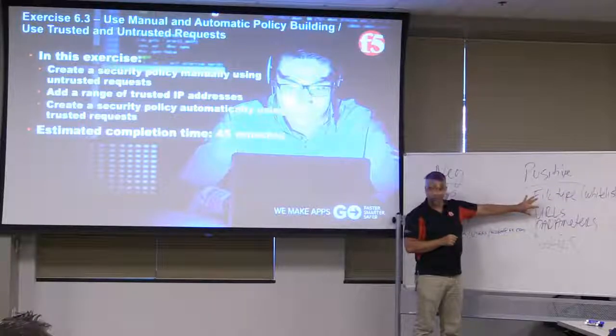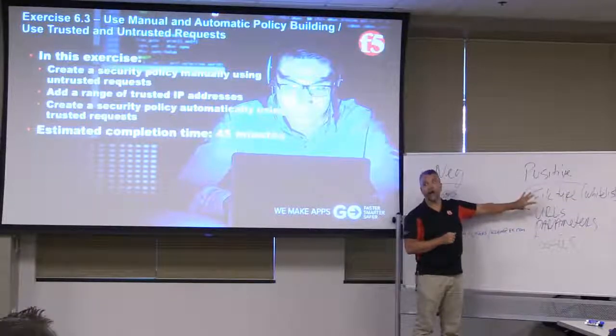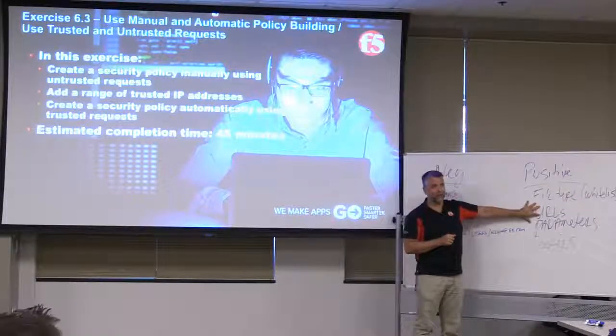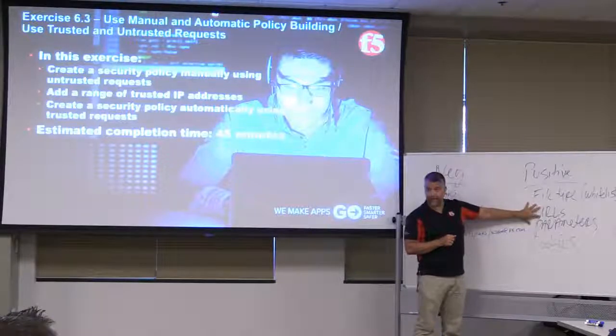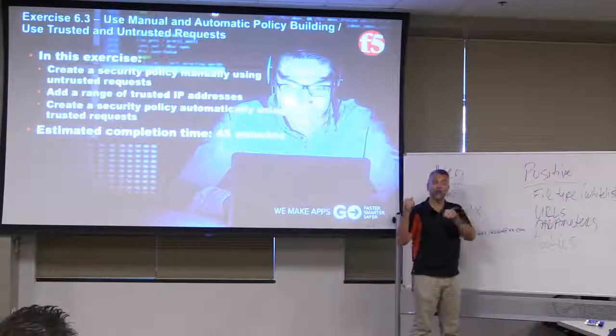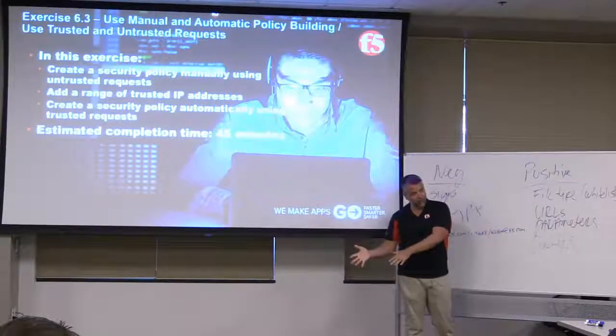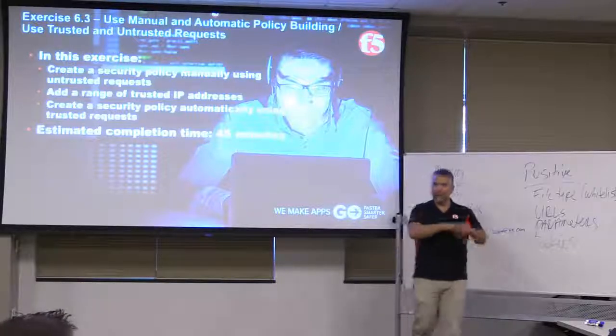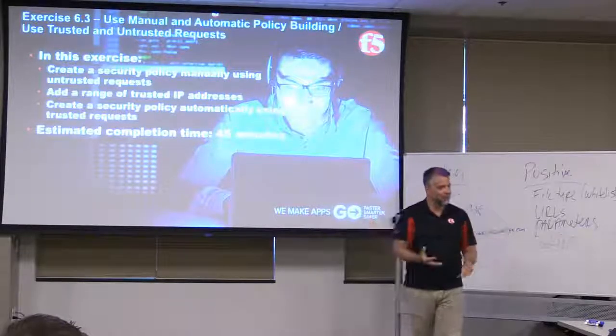So I either manually add stuff to the policy or I automatically have it added to the policy. And if you're automatically having it added to the policy, it only gets added once it hits 100%, and it's going to hit 100% a lot faster from trusted requests than untrusted. That's the whole picture summary there.